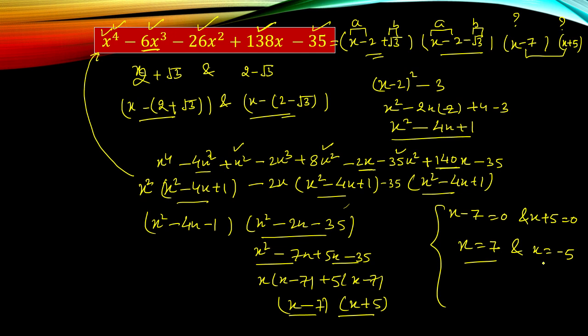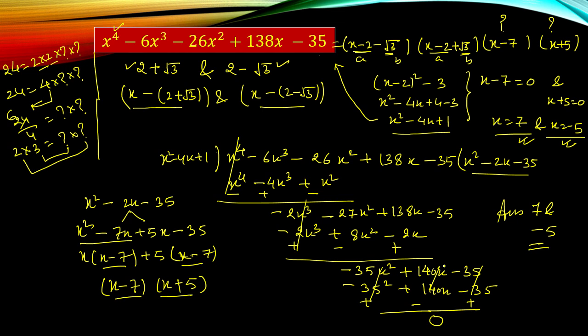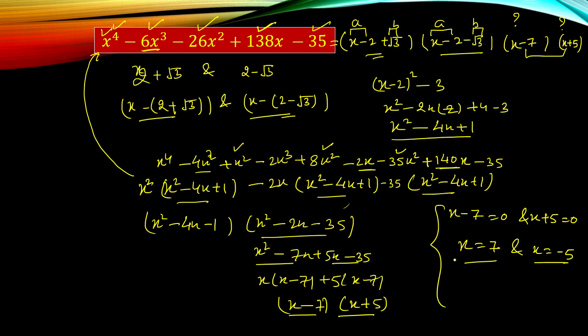So these are the two remaining zeros of the polynomial. And now see here, in the previous method we got the same, x is equal to 7 and x is equal to minus 5. Here also we got 7 and minus 5 as the zeros.